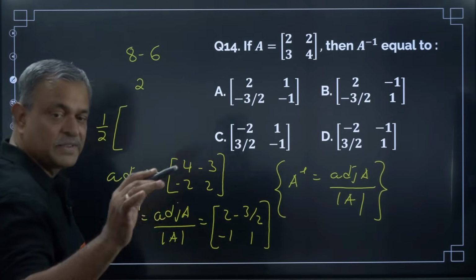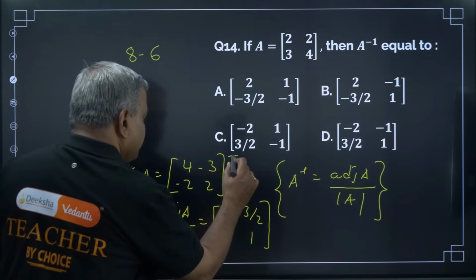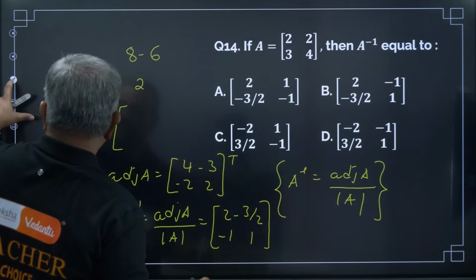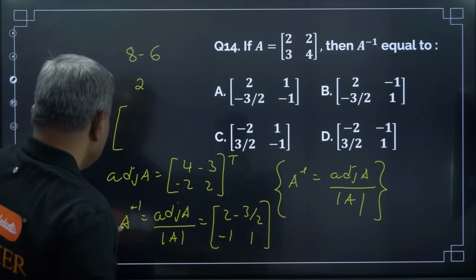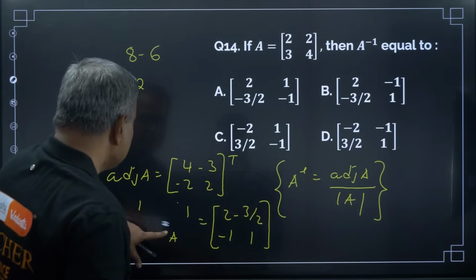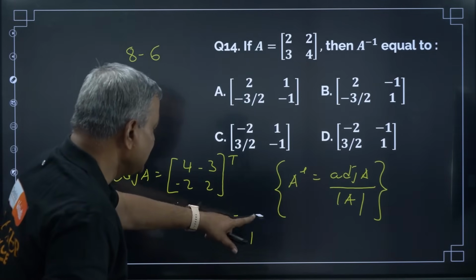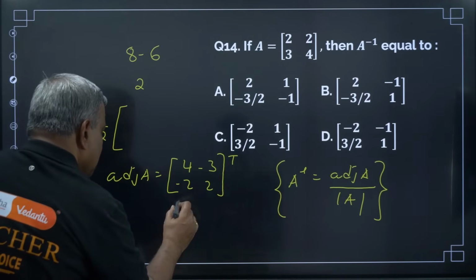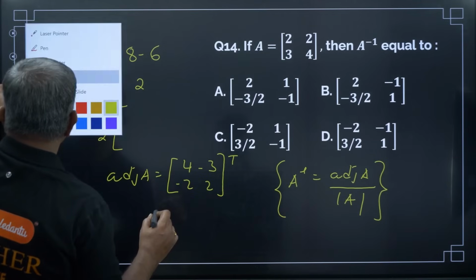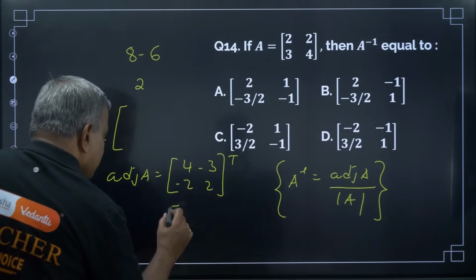Okay, sorry. For adjoint you have to take the transpose of it. Transpose I forgot. We have to take the transpose of it. What is the transpose? Transpose: rows interchange to columns, columns interchange to rows.